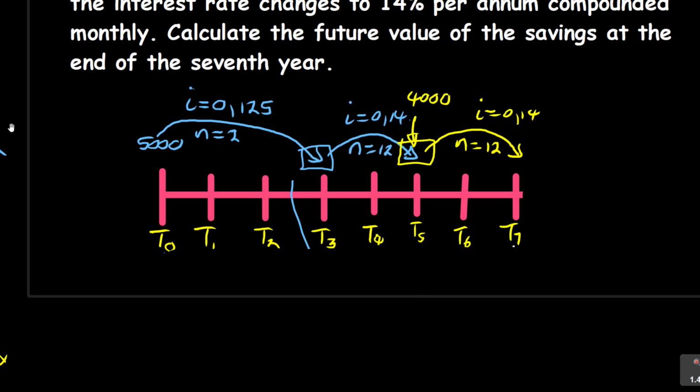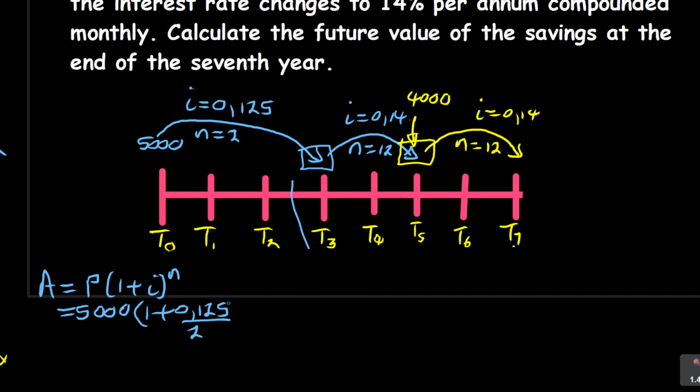So let's try that. What am I saying? Take A is equal to P(1 plus I)^N. You see that? Start with the first one, 5,000. And then you've got 1 plus I, 0,125 over 2, because they said semi-annually.